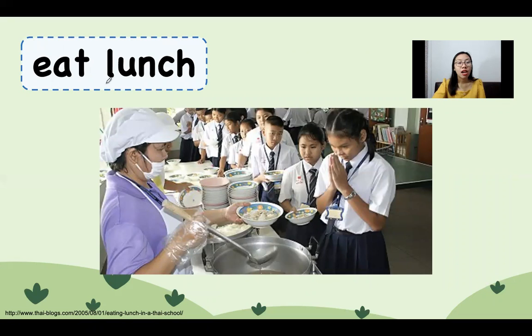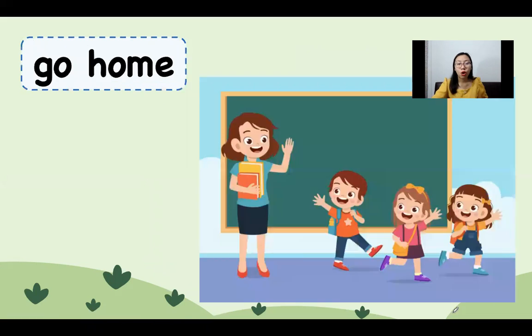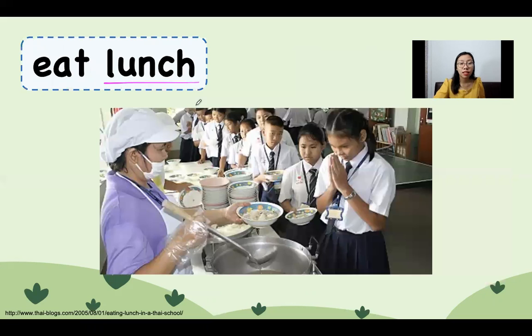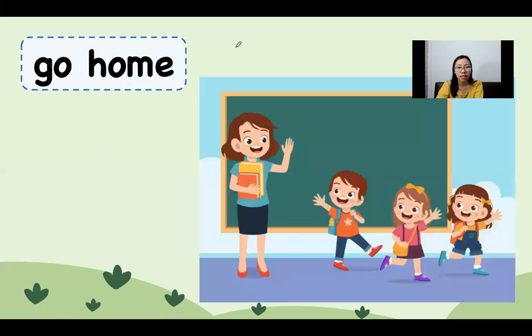Now remember those, breakfast and eat lunch. For example, we eat lunch at 12 o'clock, 11:30 to 12 o'clock. So 12 o'clock, that is noon. Next, go home. Bye-bye, teacher.